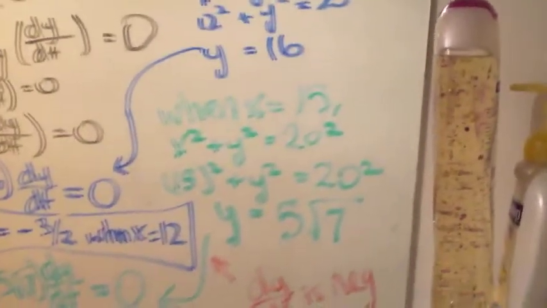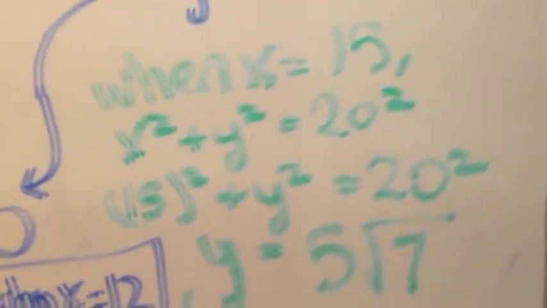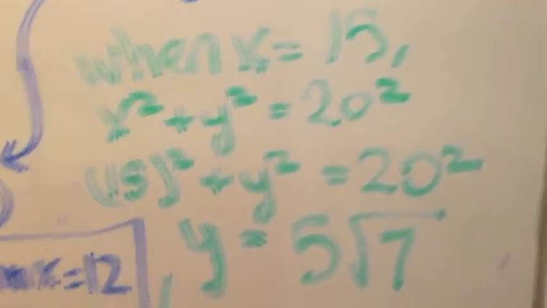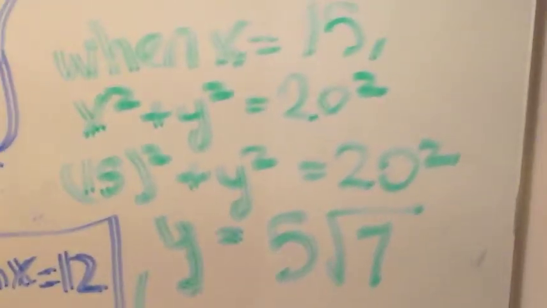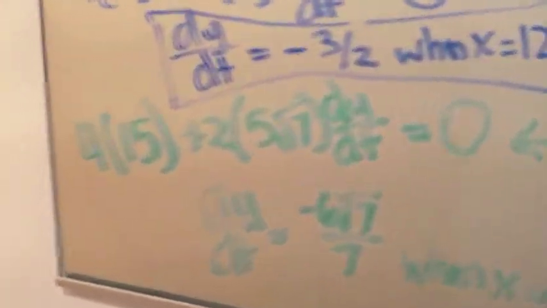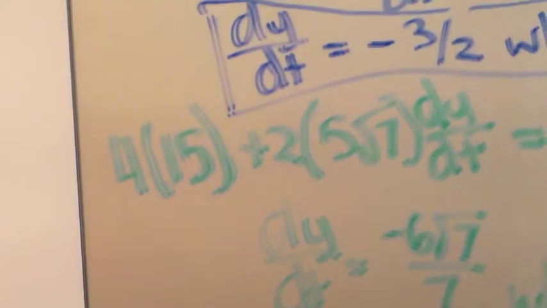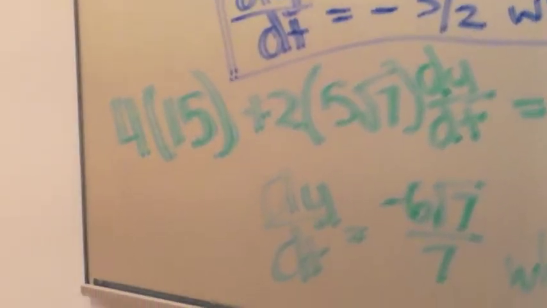Now we need to figure out what happens when x equals 15. Using the same method, we take x squared plus y squared equals 20 squared, replace x with 15, so 15 squared plus y squared equals 20 squared, and we get y equals 5 square root of 7. Now we replace in the derivative equation y equals 5 square root of 7 and x equals 15.